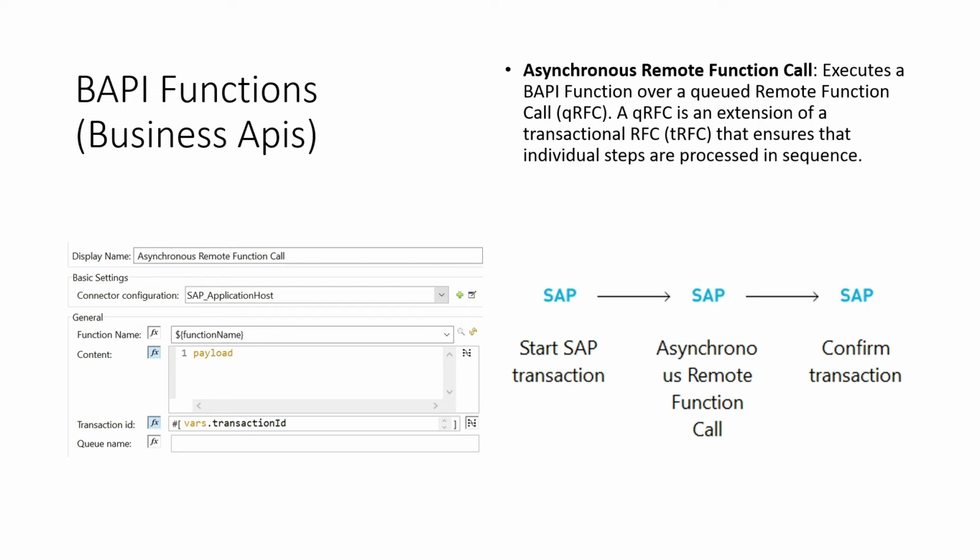So we might want to store the transaction ID as a variable when we receive it from the Start SAP Transaction connector configuration.